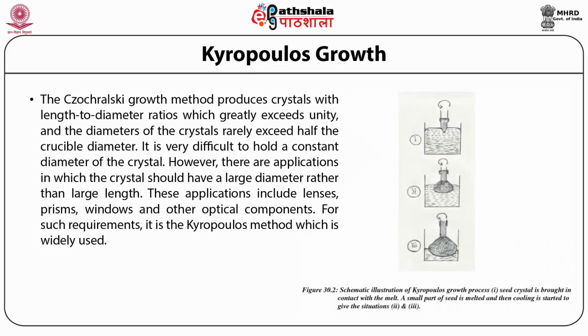Figure 30.2 is a schematic illustration of the Kyropoulos growth process. In 30.2 (1), the seed crystal is brought in contact with the melt. A small part of the seed is melted and then cooling is started to give the situations as shown in figure 30.2, (2) and (3).